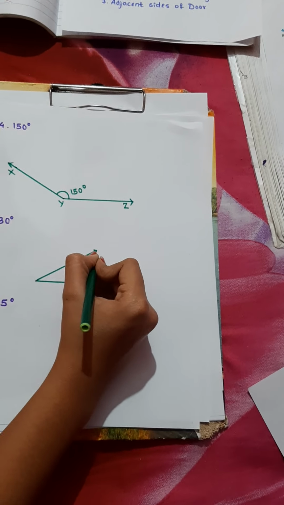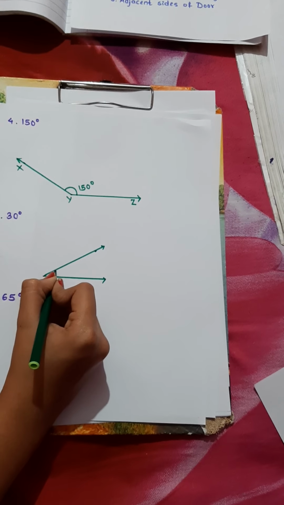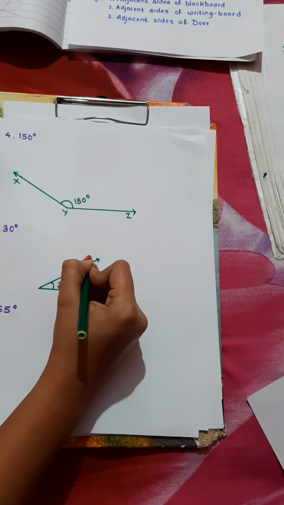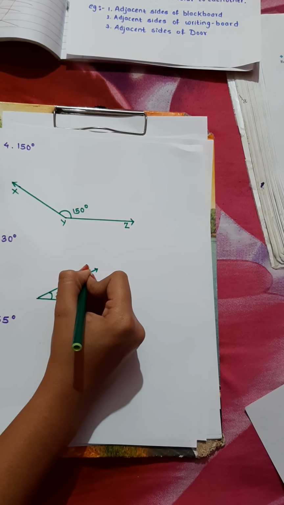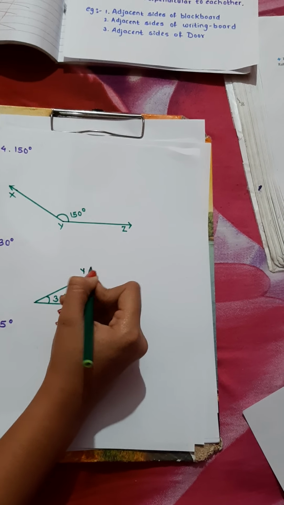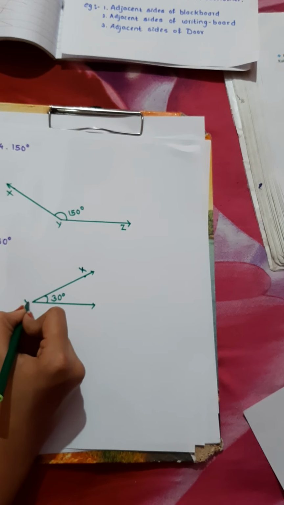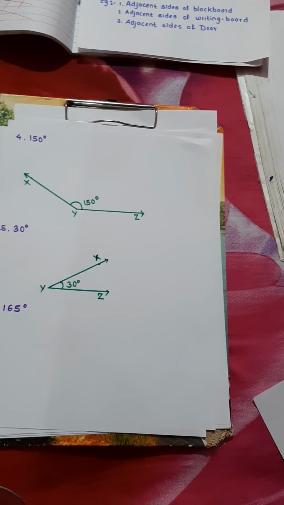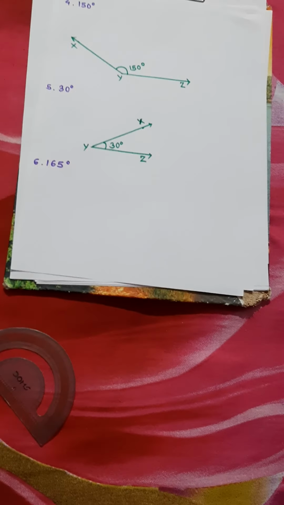It is acute, so its shape comes inside. Write 30 degree and give the name. Use any 3 letters. You can give the name with your mind also.